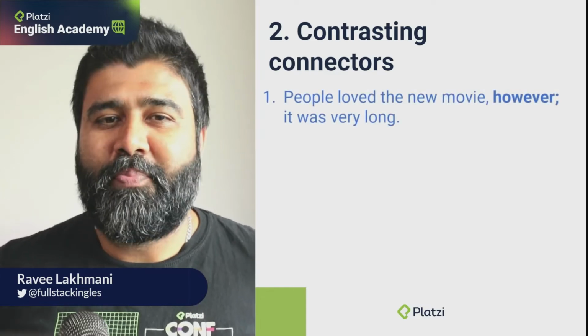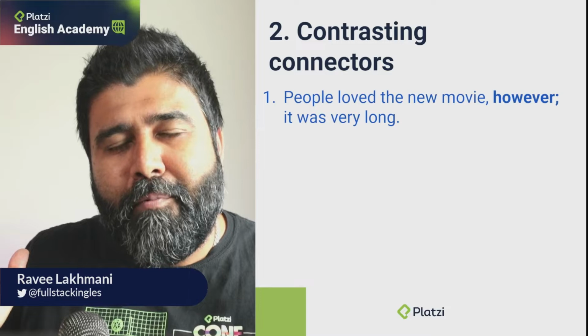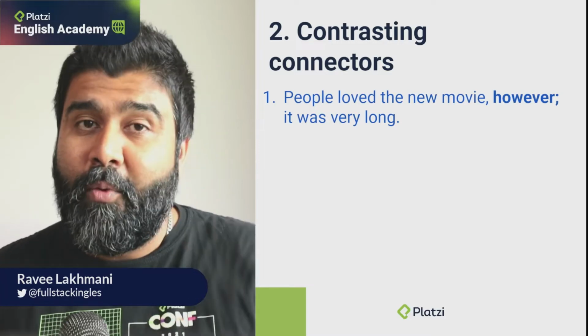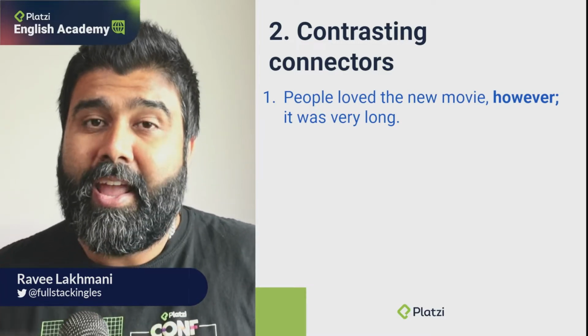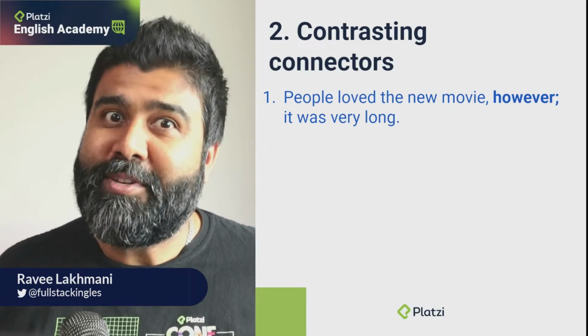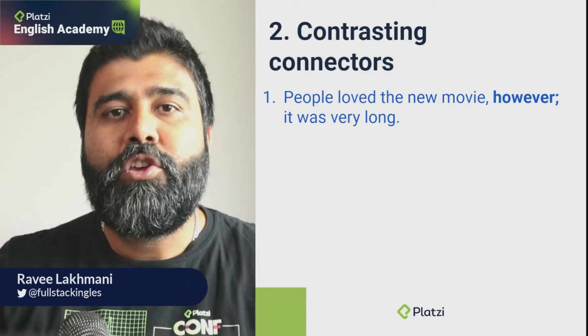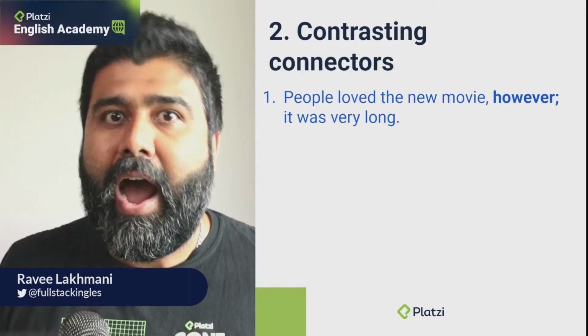For example, people loved the new movie. However, it was very long. So you see, one thing on one side, we are saying people loved something. However, it was very long. The opposite idea. But we are saying all this in one sentence using a simple word like however.